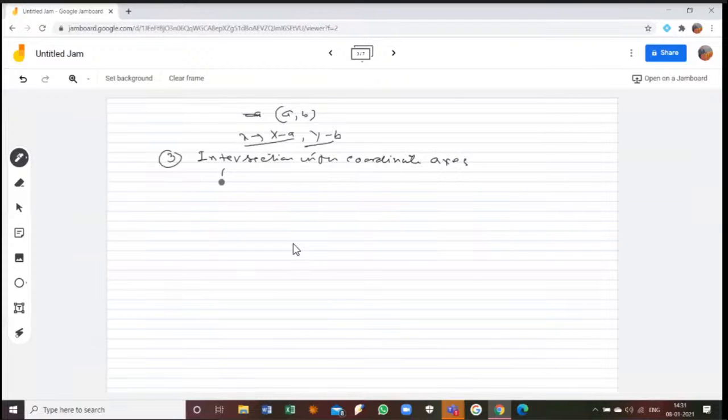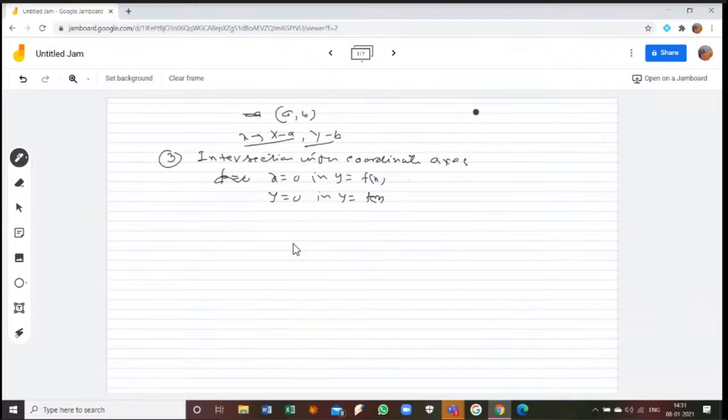It means that if you put x equal to 0 in the curve equation, y equals f(x), then you can find the point of intersection with the y-axis. Similarly, if you put y equal to 0 in y equals f(x), then you will find the point of intersection on the x-axis.